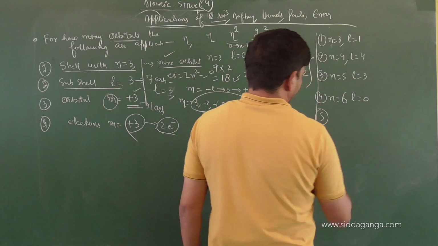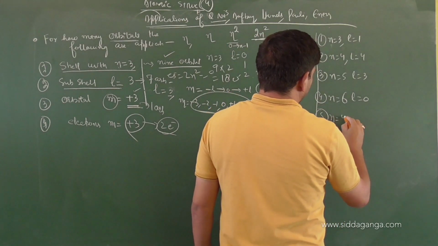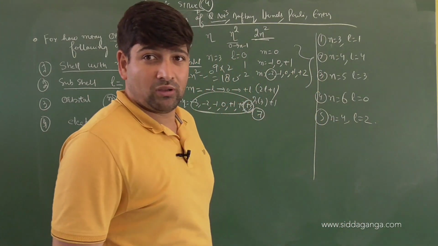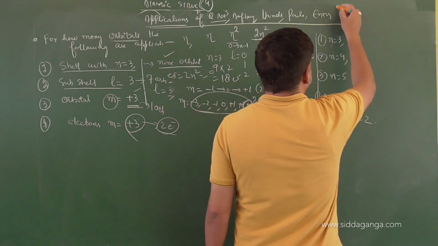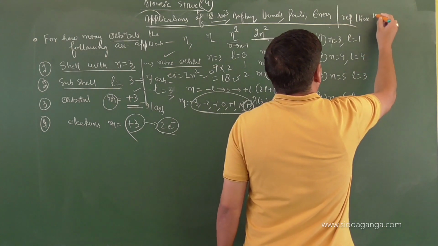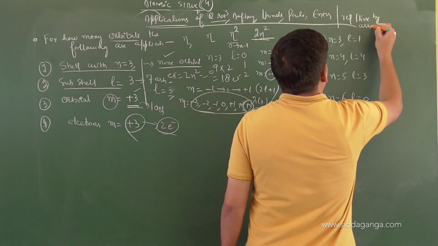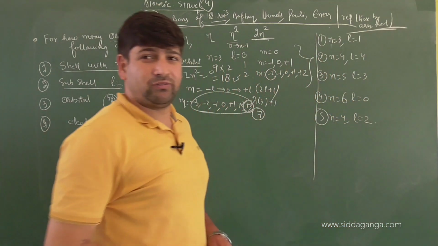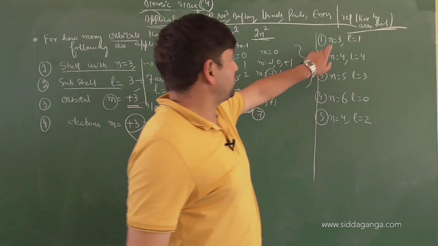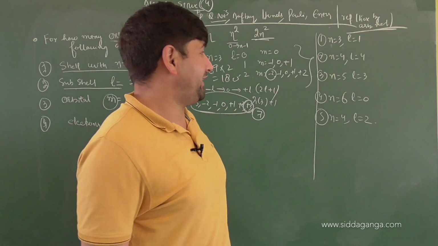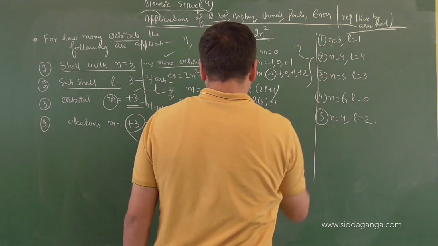Fifth one, n value 4 and L value 2. So you have to represent these by orbital notations. What are the values given to you? The n and L values are given to you. Am I clear? n and L values. Fine. Let us solve these out here.